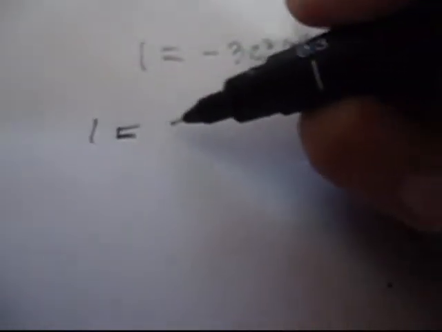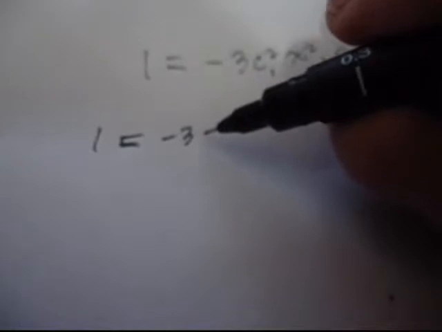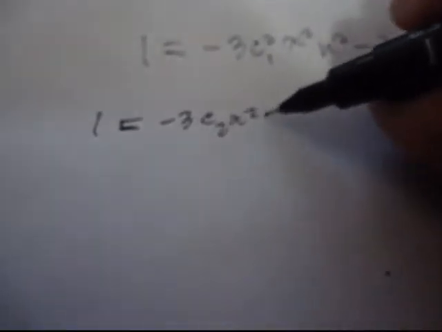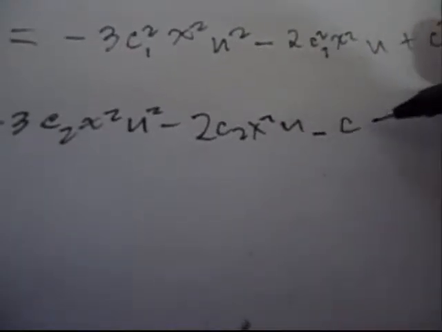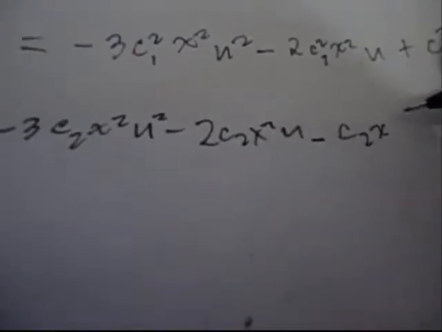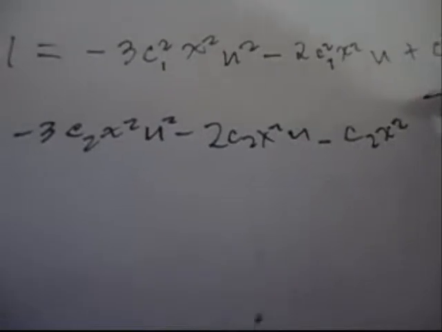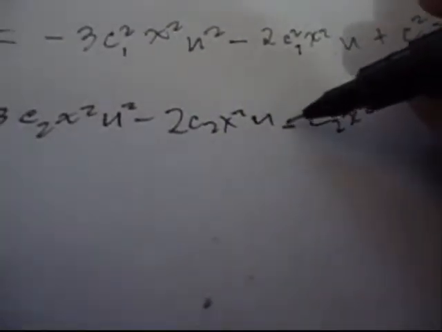So we have now 1 is equal to negative 3c2x squared u squared minus 2c2x squared u minus c2x squared plus, so we transfer 1 to the other side.